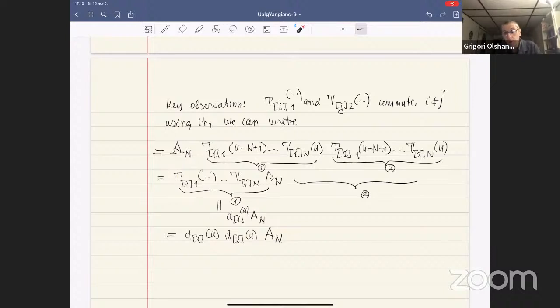It's a little bit tricky, but it's better to do than if you write the quantum determinant as the sum of permutations with plus and minus signs. So this is the demonstration, again demonstrating the effectiveness of the RTT formalism.